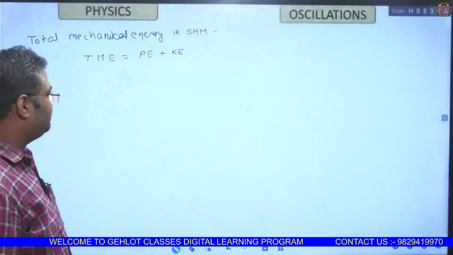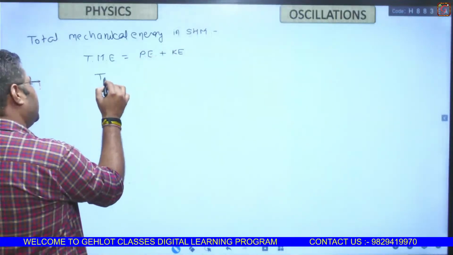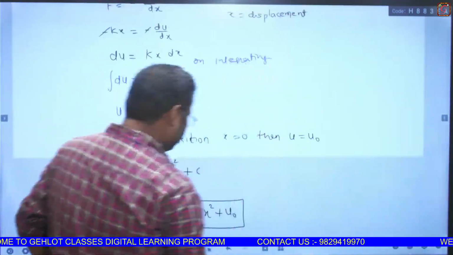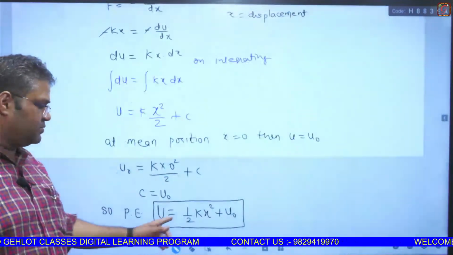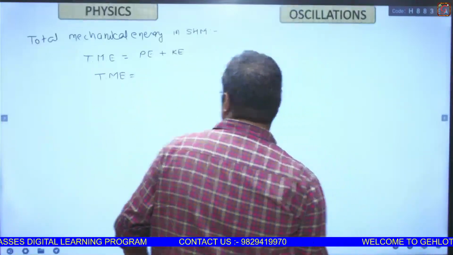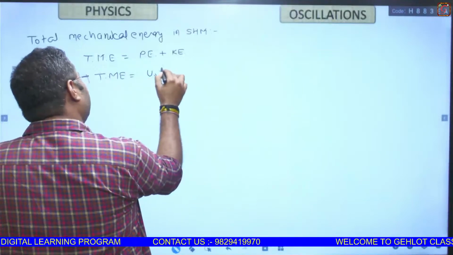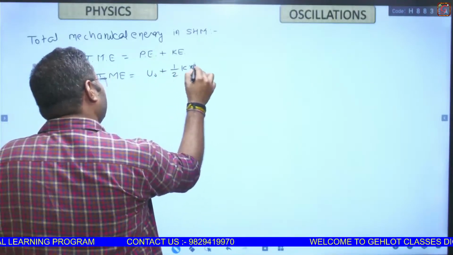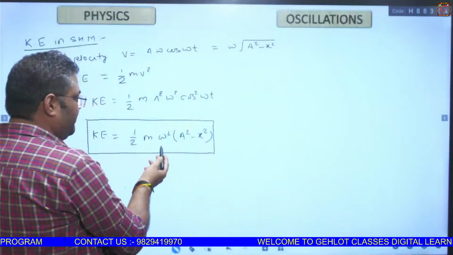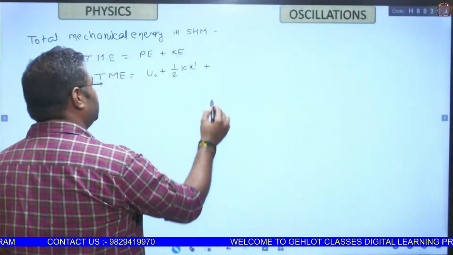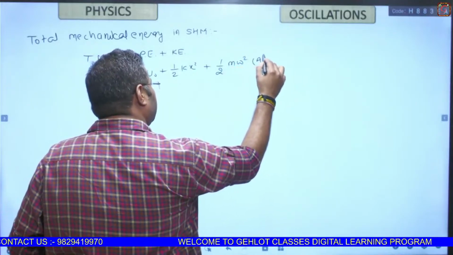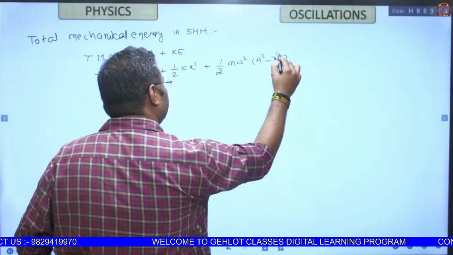So total mechanical energy equals potential energy, if we consider U equals U naught plus half kx square, plus the value of kinetic energy, half m omega square (a square minus x square).